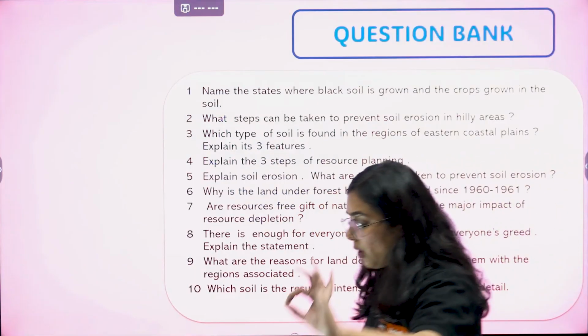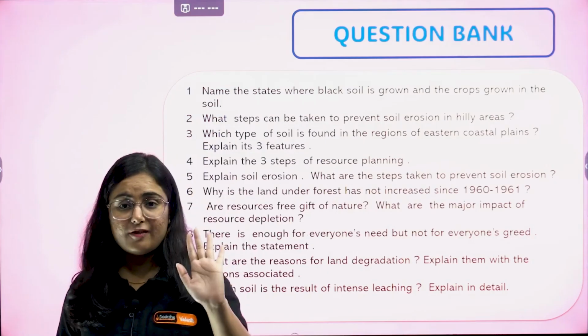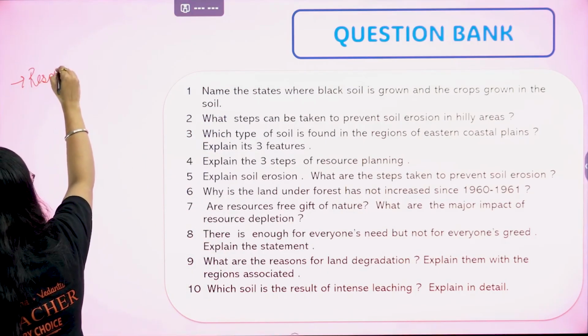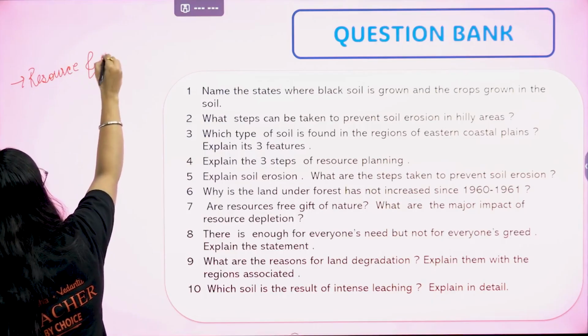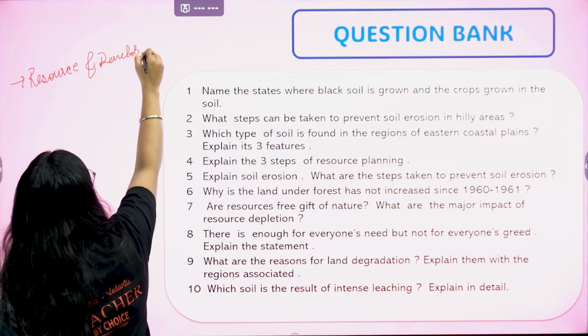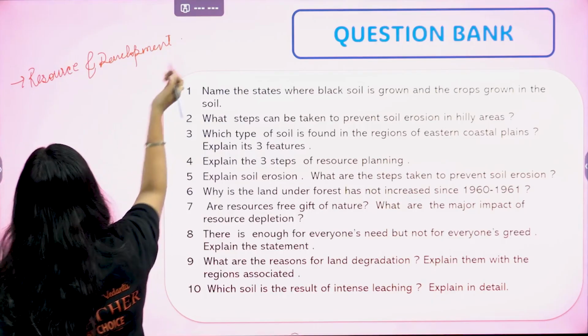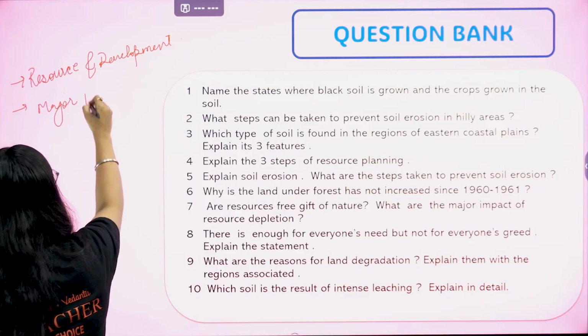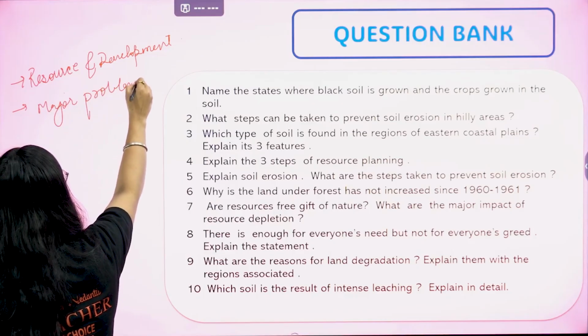So this was all about the chapter. What we have studied in the chapter, I'm just giving you a quick recall. We have studied what is resource and development, the definition of both. Then we have seen the major problems caused by development.